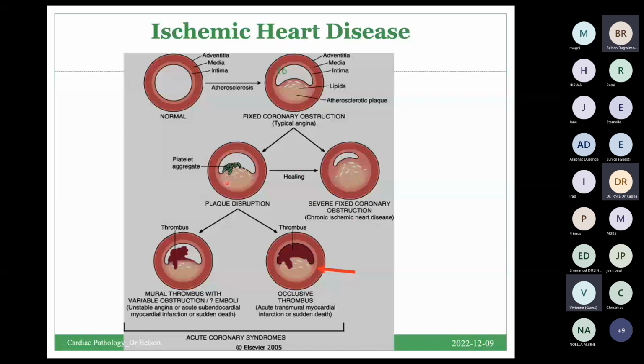Ahangaha ntabwo hifunga gahoro gahoro, niba agize thrombus formation izaza vuba vuba. If there is a disruption and thrombus and so on, ibi ni ikintu kizaza, niyo mpamvu hano azagira acute coronary syndrome itandukanye ni chronic ischemic heart disease.